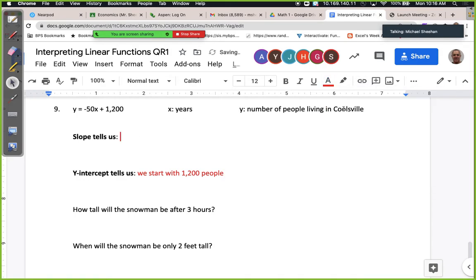And the slope tells me the number of people goes down 50 every year. Beautiful.